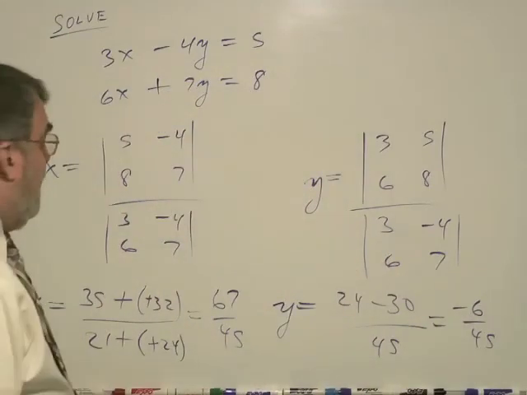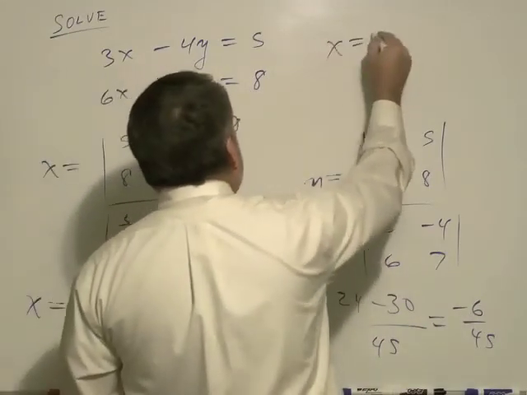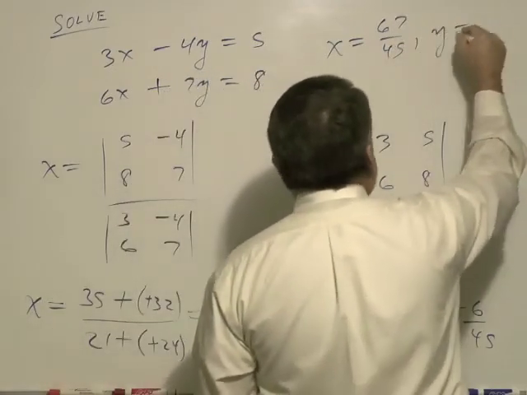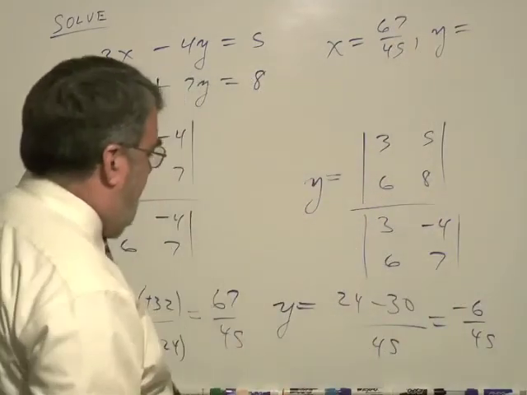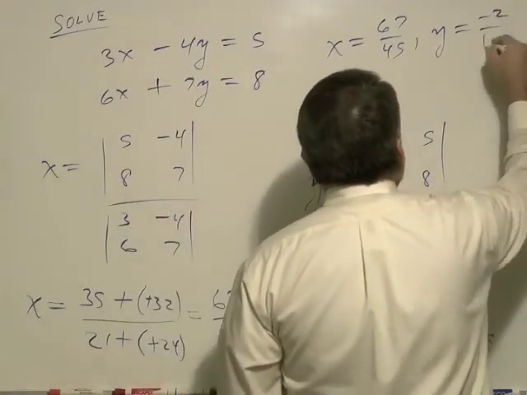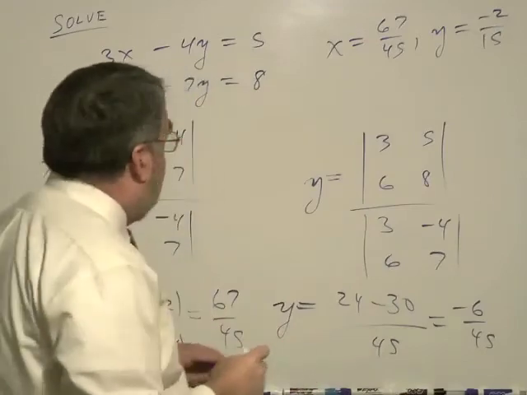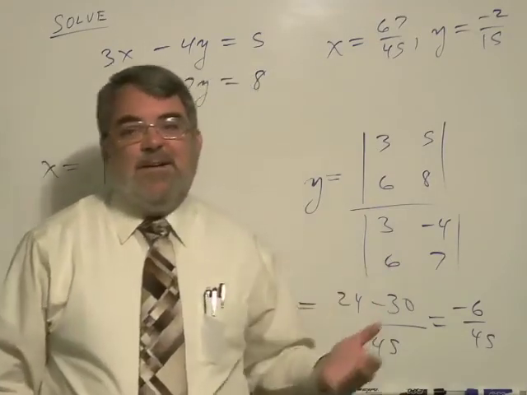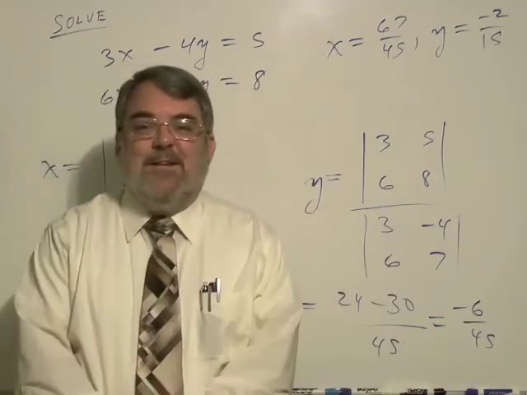All right, so x would be 67 45ths, and y would be, and we could reduce that by dividing by 3, negative 2 15ths. There we go. So that's the solution to that problem, done by Cramer's rule.